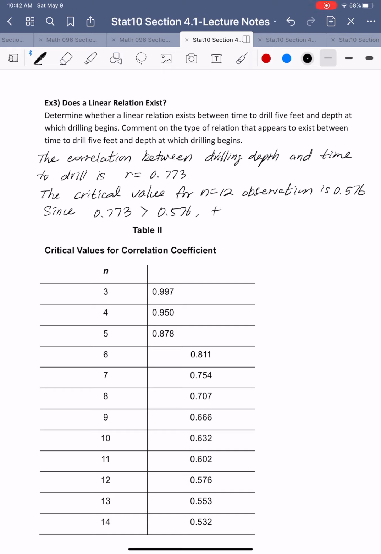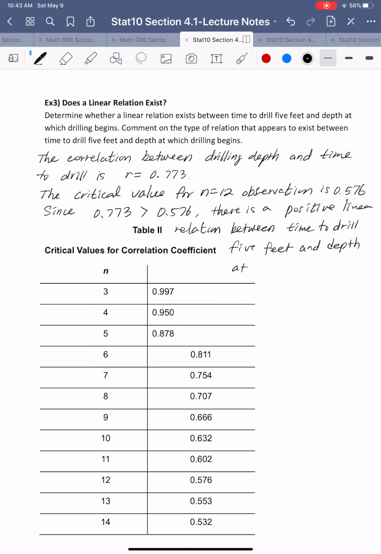Now you can say there is a positive linear relation between time to drill 5 feet and depth at which drilling begins. Okay, all right.